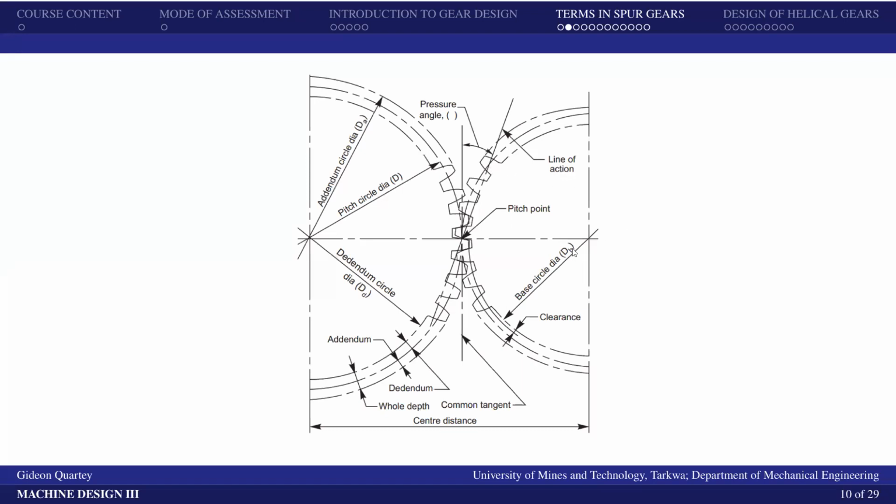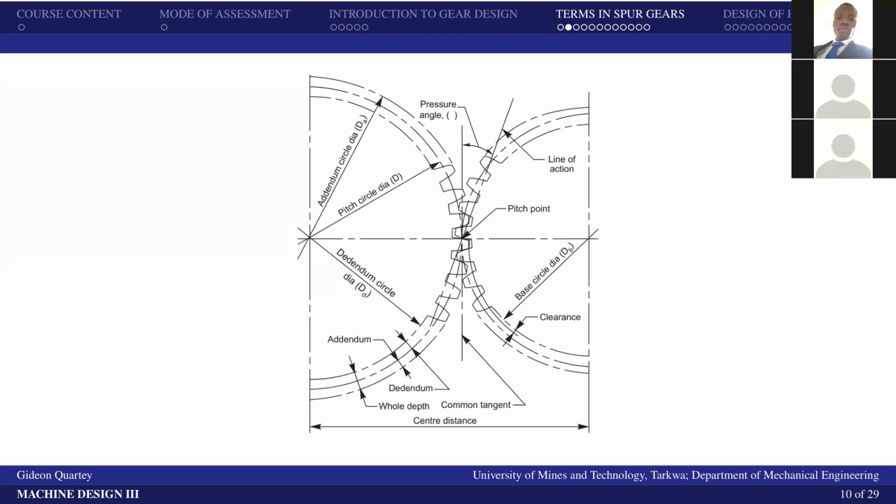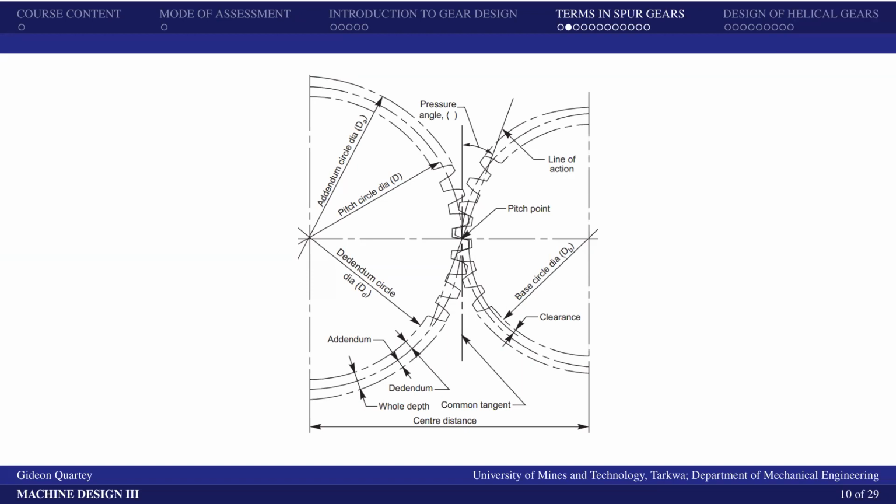The other one too is having the same here, and those are forming two cylinders or two rollers. If they are to roll, the rolling action generated by this gear will be the same as though we are just having two circles of these parameters rolling against one another. Are we okay?